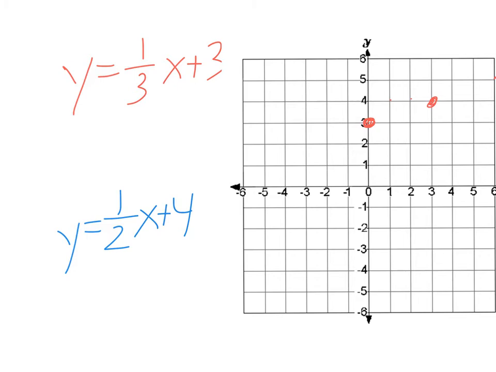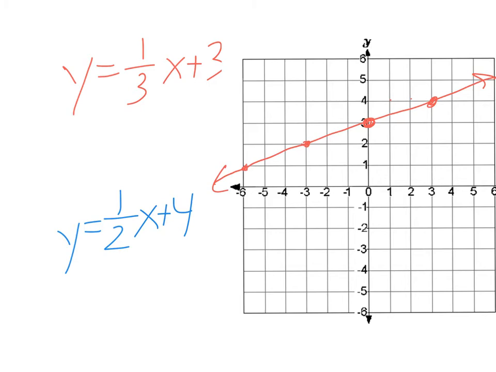Not only does it go up and over, but it also goes down and back, down and back. And I always try to draw my line as long as I can. So there is my first equation. Did you get that graph correct? And this is why it's so important to know how to graph your lines, because if you can't graph a line, you're going to mix these up all the time.